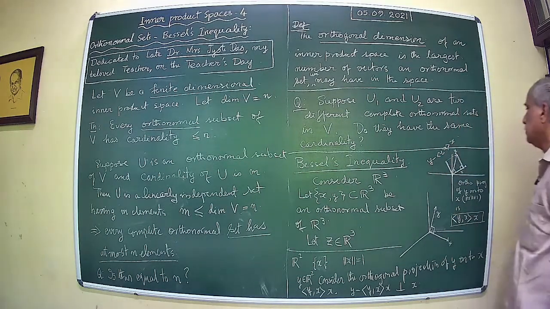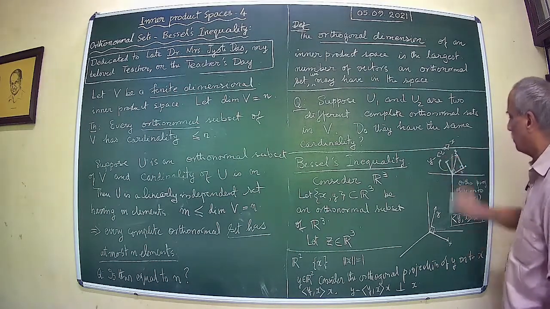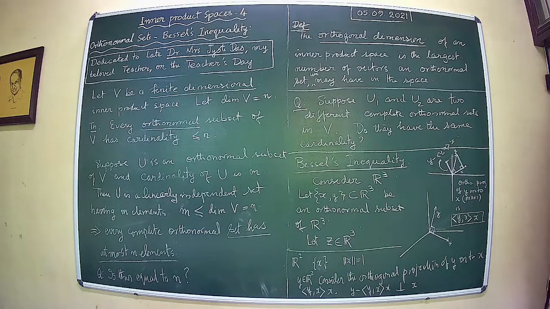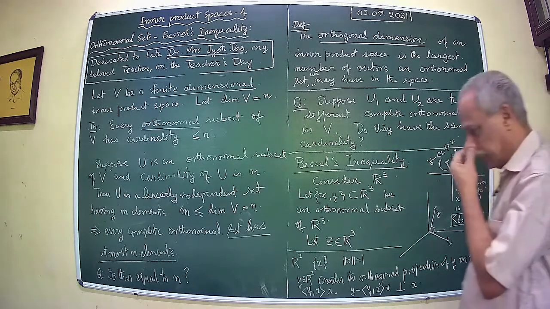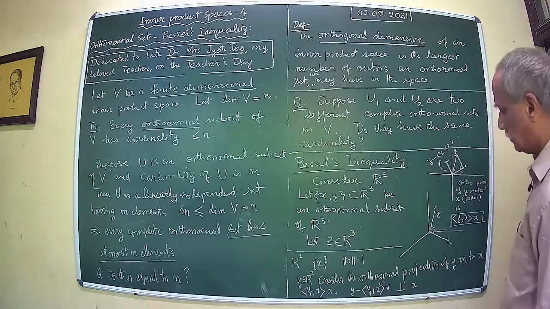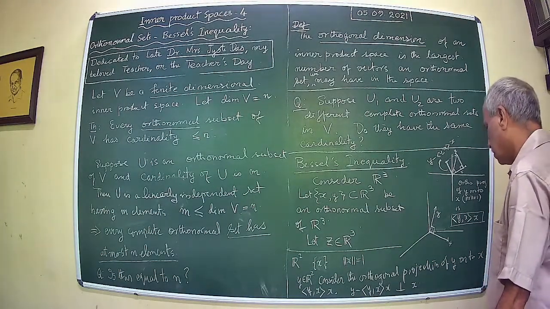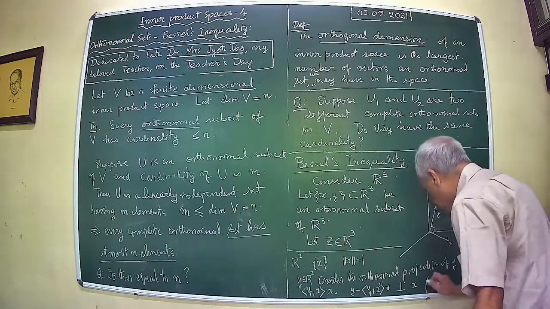How do you show that? Just take the dot product with x. You get the inner product of y and x minus the inner product of y and x, which is equal to 0. That means you prove this.